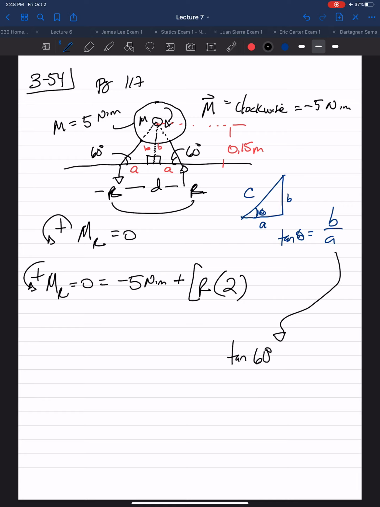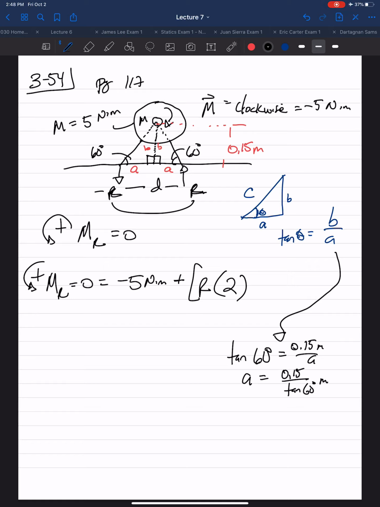Tan of 60 degrees is B over A, which is 0.15 over A. We want A, so A is 0.15 over tan 60 meters.